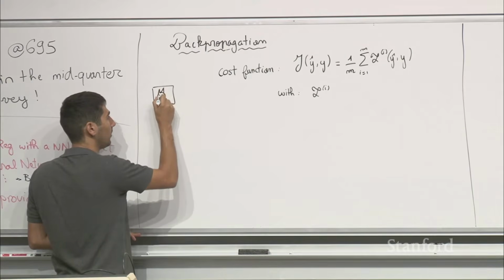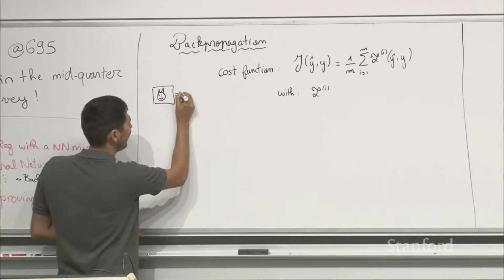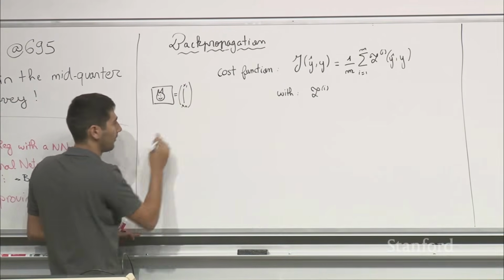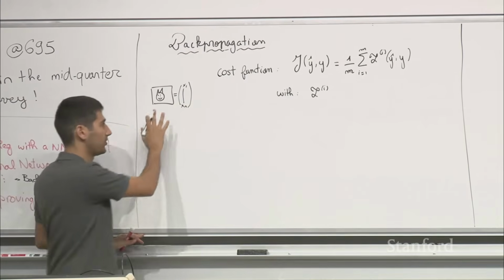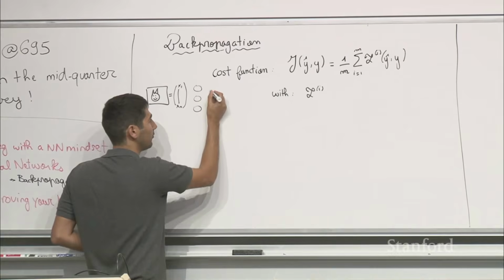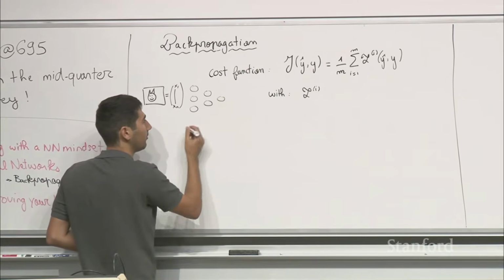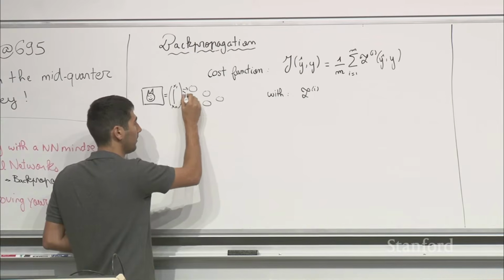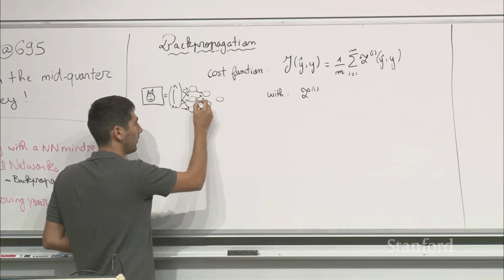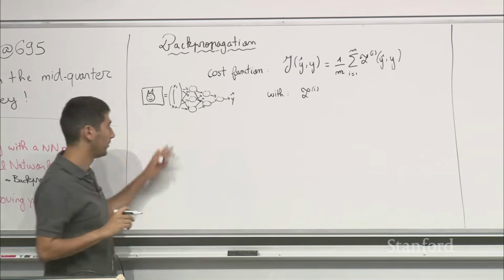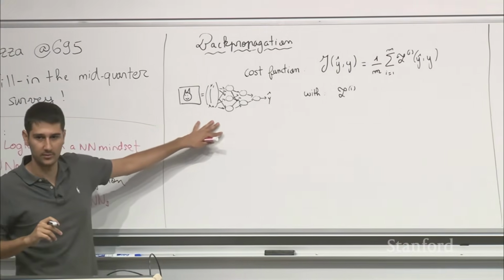Remember this guy? x1 to xn. The cat was flattened into a vector, RGB matrix into one vector, and then there was a neural network with 3 neurons, then 2 neurons, then 1 neuron. Fully connected everywhere, and then we had y hat. You remember this one?